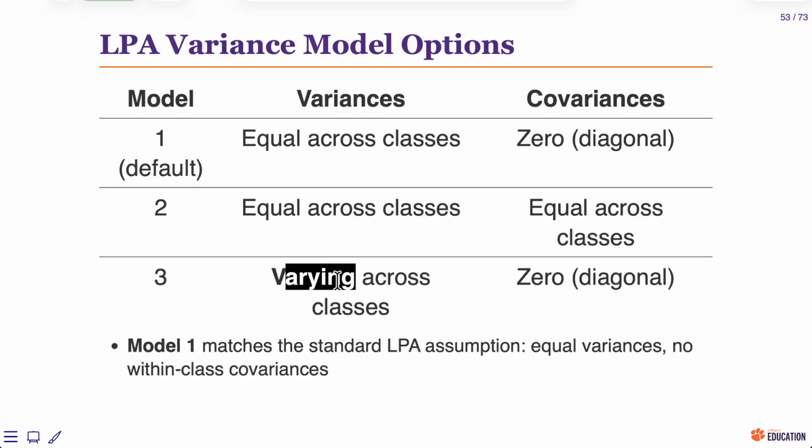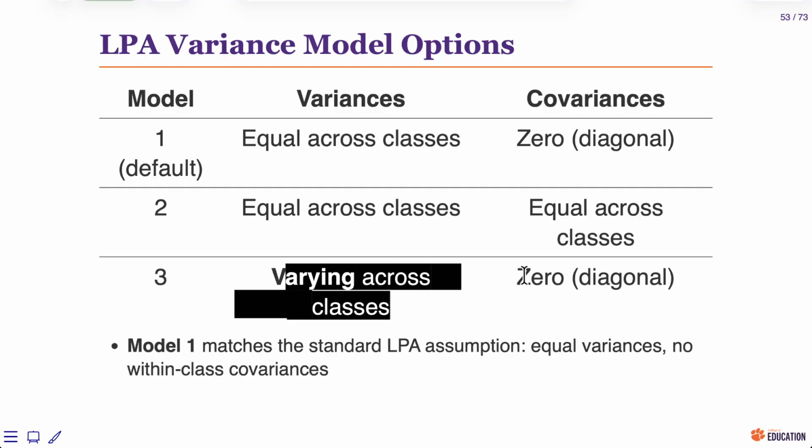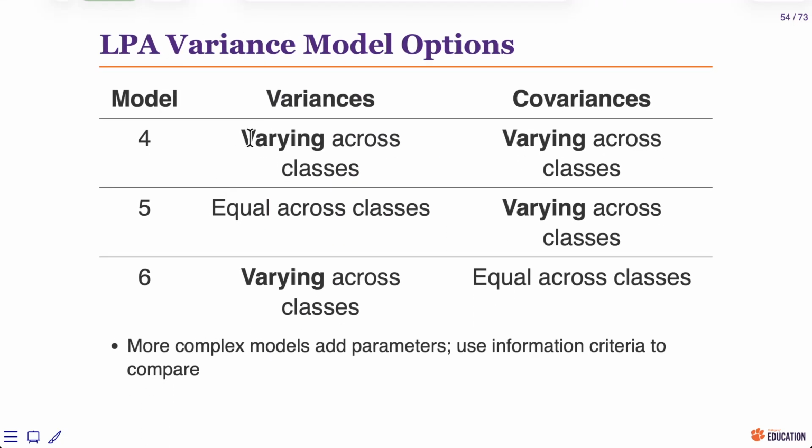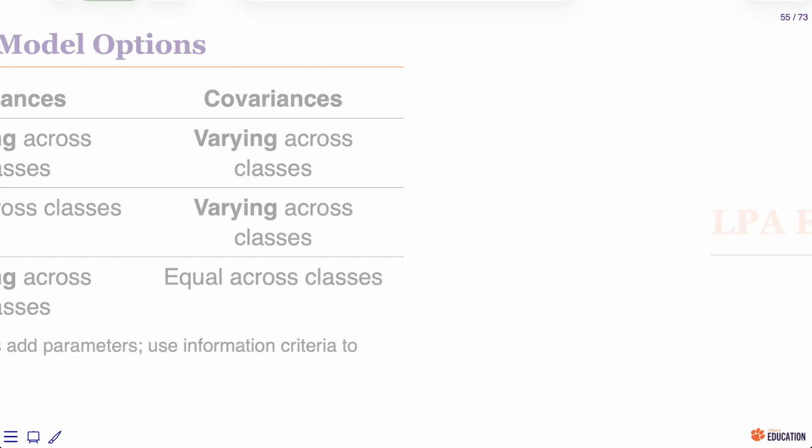You could have varying variances across classes, but zero covariance. You could also have varying variances and varying covariances, et cetera. But I will say the more complex models you have, the more parameters get added, and we then use more information criteria to compare the model fit itself. I'll also add that the more complex the model is, the more likely it will not converge, and you will not have a result at all.